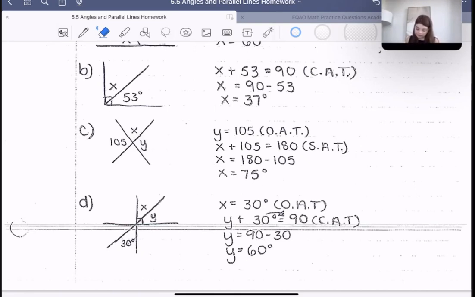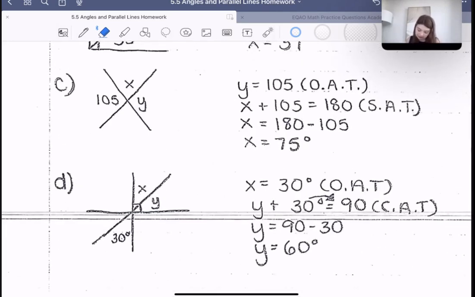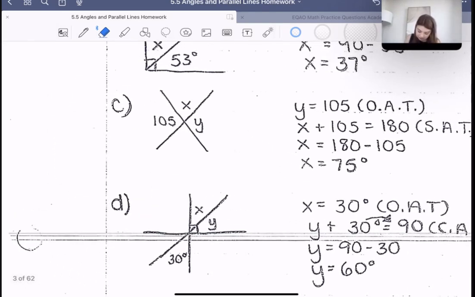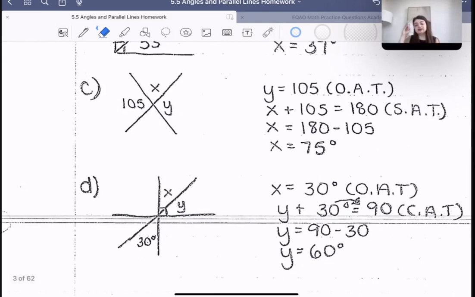And then for D, they do the same kind of thing. They use the opposite angle theorem to say that x must be 30 degrees because the opposite to x is 30 degrees. And therefore, y must be 60 degrees because x plus y, in this case a right angle, must be 90 degrees.